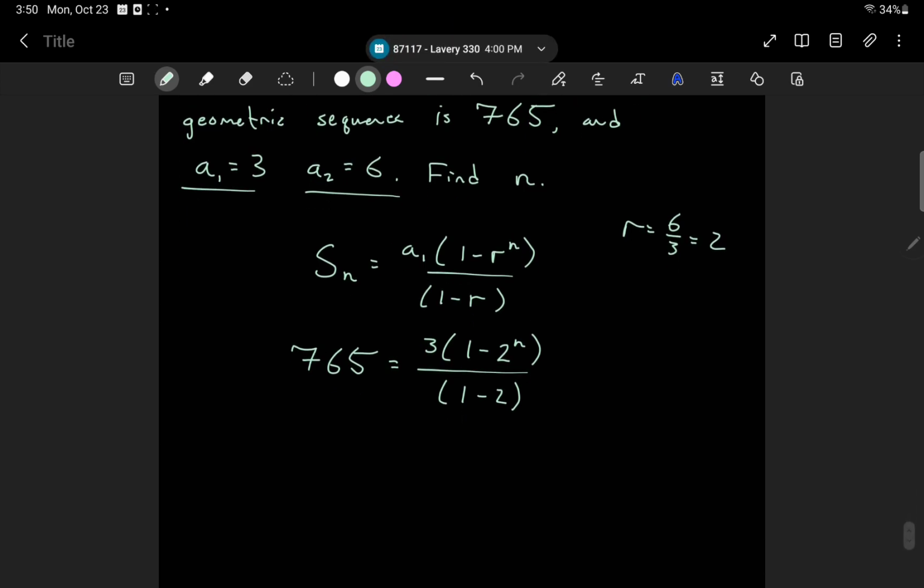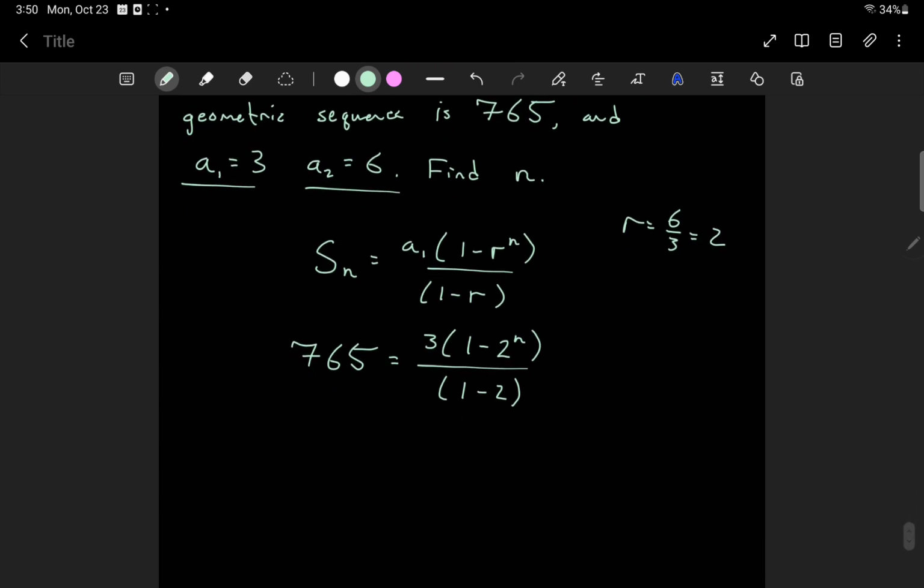Now, this one, you can solve for n, but that's going to involve using logarithms. And logarithms, I know, is something that a lot of people didn't get a great foundation on or don't have a super good understanding of how to use. So in the next little segment, I'm going to show you how to solve something like this.